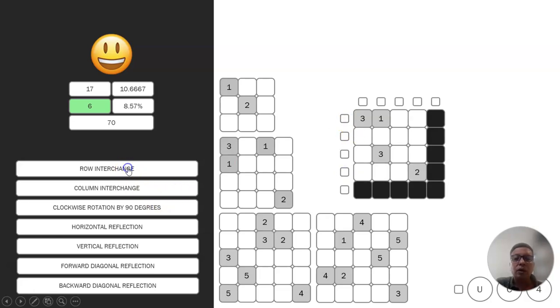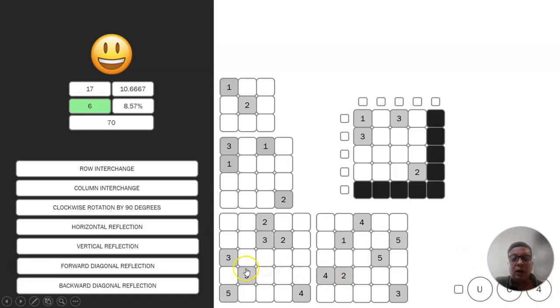Let me do a row interchange, then let me do a forward diagonal reflection, let me do a row interchange. See, this critical set looks like this one under these transformations. So these are basically the same, but that is not true for order 5.